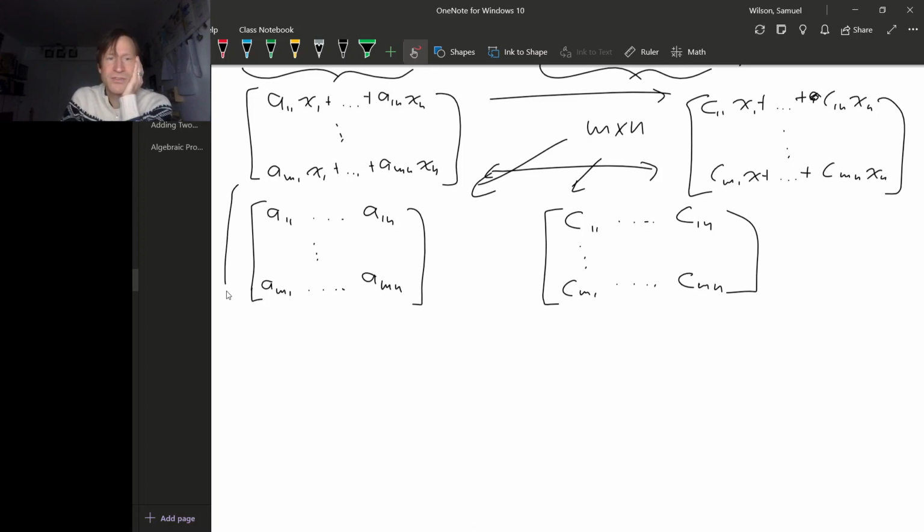This produces a linear vector function that looks like, well, the first row is just the sum of these first two rows. But there are two terms with an x1, we can factor that out.